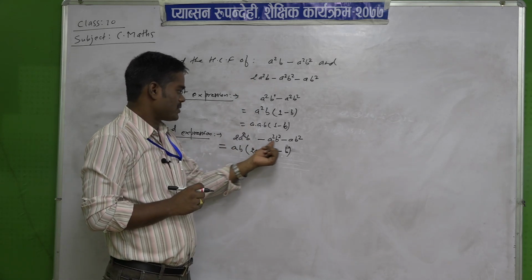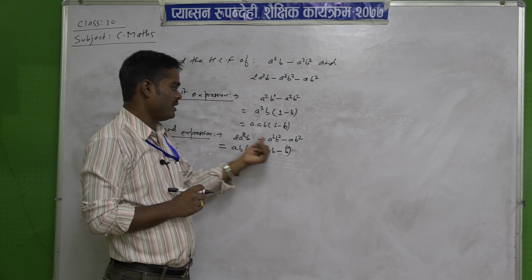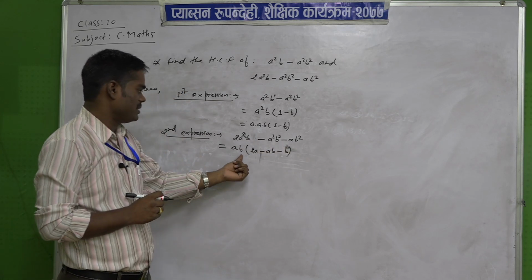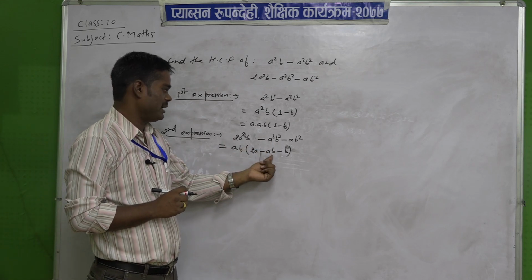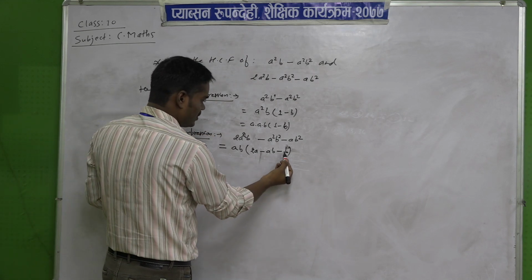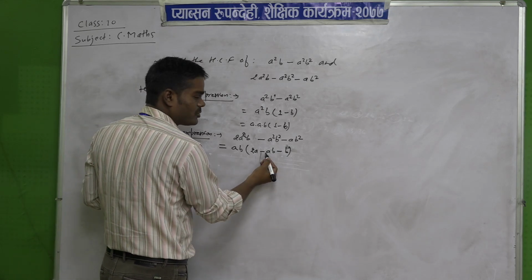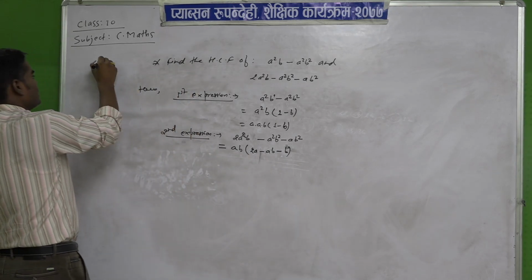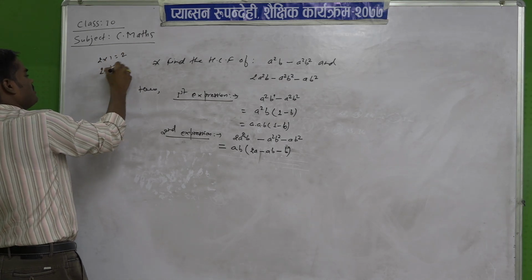A square, a is common. Again b power 1, b square, so b is common. How much is left? 2a, here ab and here only b, and then factorize: 2 minus 1 means 1.